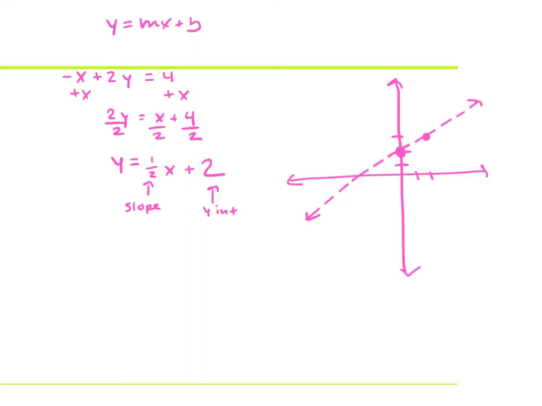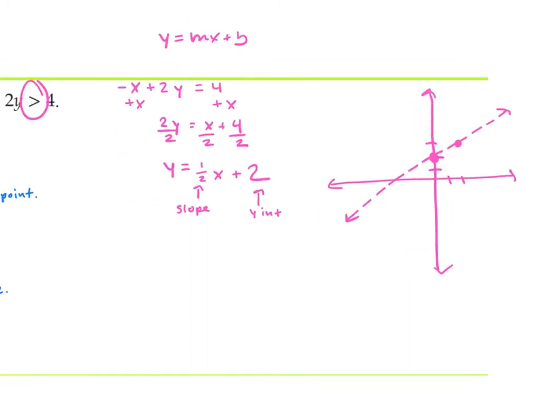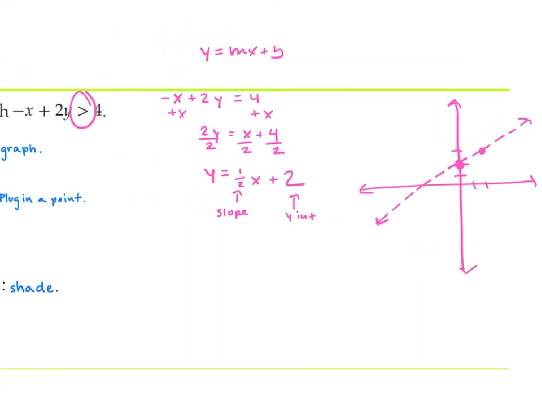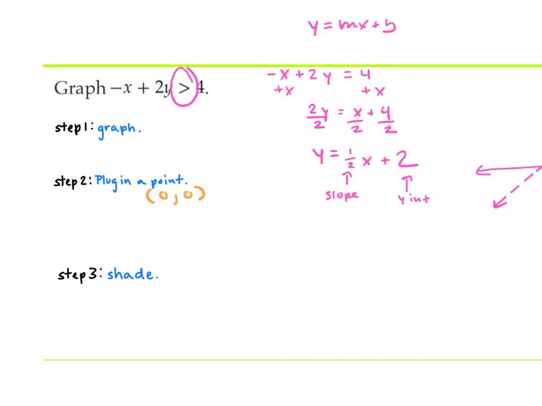What do we do next? Plug in a point. What's the point that we're going to plug in? We can plug in any point we want to, but the easiest one to always plug in is 0, 0. So we're going to plug in 0 for x and 0 for y.